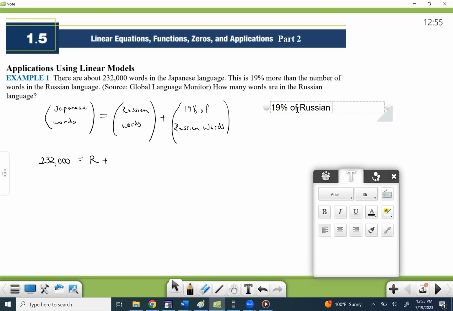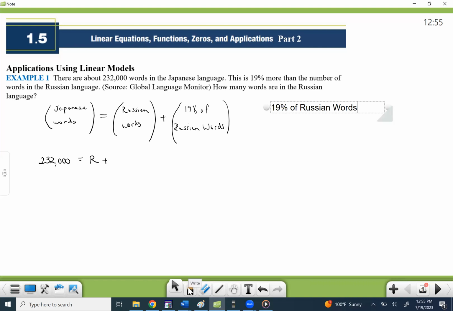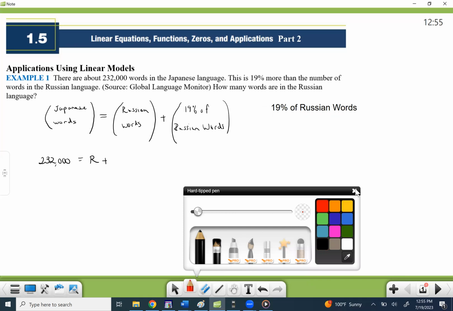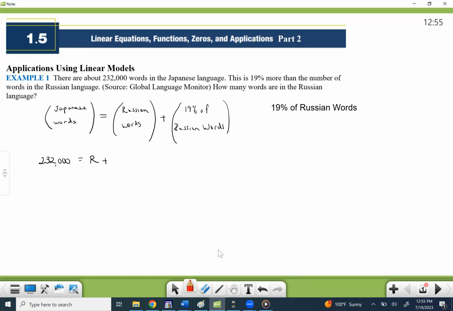19% of Russian words. All right, so when you have a percent, you've got to make sure that you move the decimal place twice to go from a percent to a decimal. Okay, we're going to move the decimal twice.